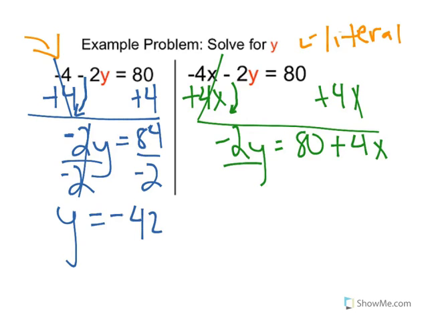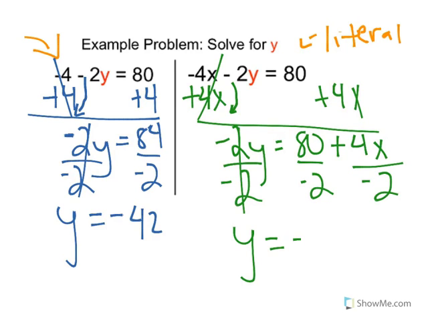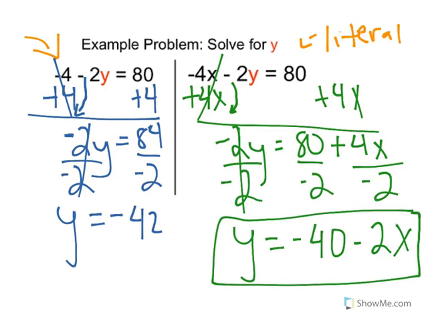Then we're going to divide everything by negative 2, making sure we bring that negative sign with it. So that's going to cancel out, and we're going to have y is equal to negative 40 minus 2x. That's what your final answer would be. 80 divided by negative 2 gives us the negative 40. 4 divided by negative 2 gives us negative 2x.